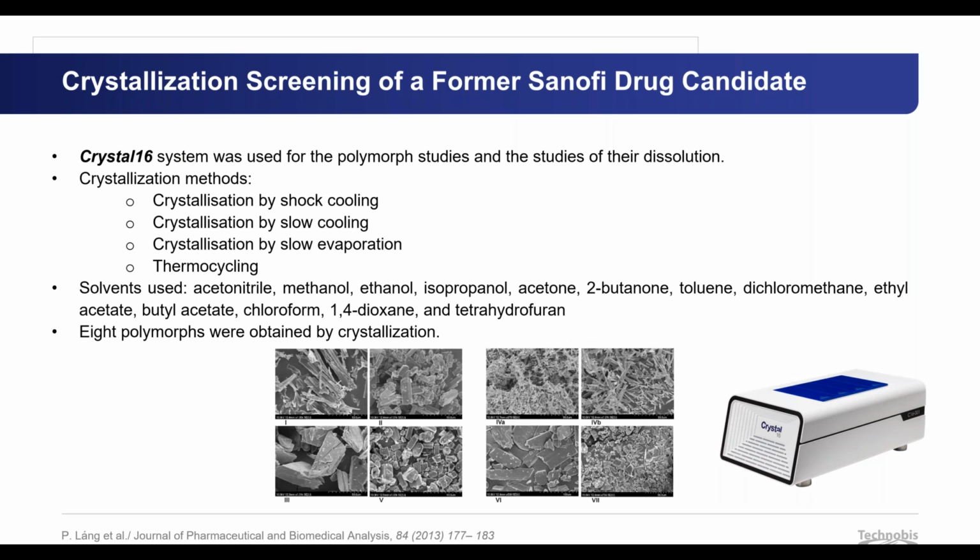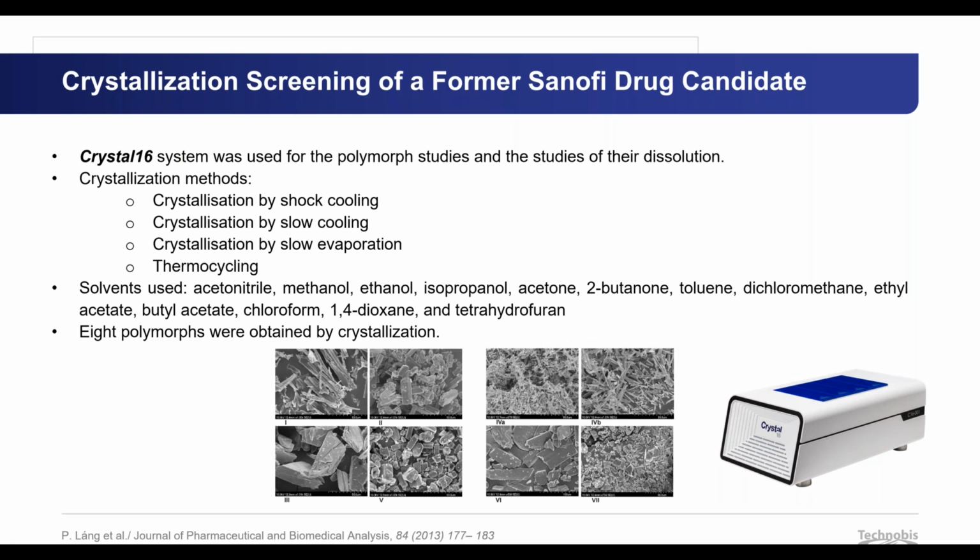Even if you see here, it's not that much. It's fast and slow cooling, crystallization by evaporation, and thermocycling performed on our Crystal16. And as you can see, they found in total 8 forms, 2 pseudo-polymorphic forms, and the other ones are real polymorphic forms. So the more you think about your screening, the more thought you put into it, and you choose for a bit more diversity, you will definitely find much more.